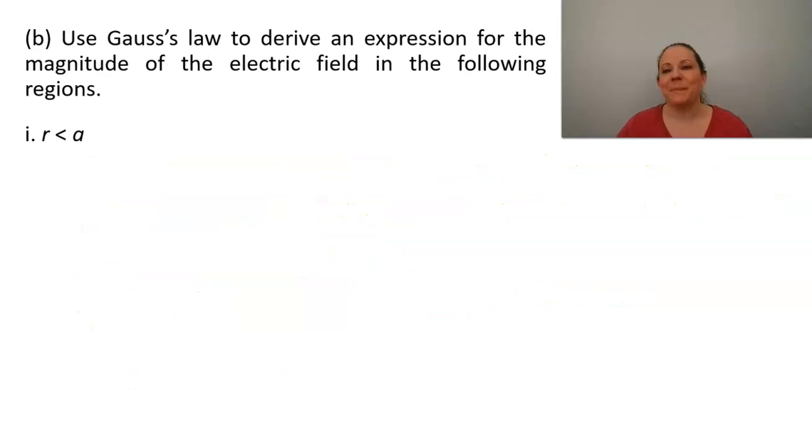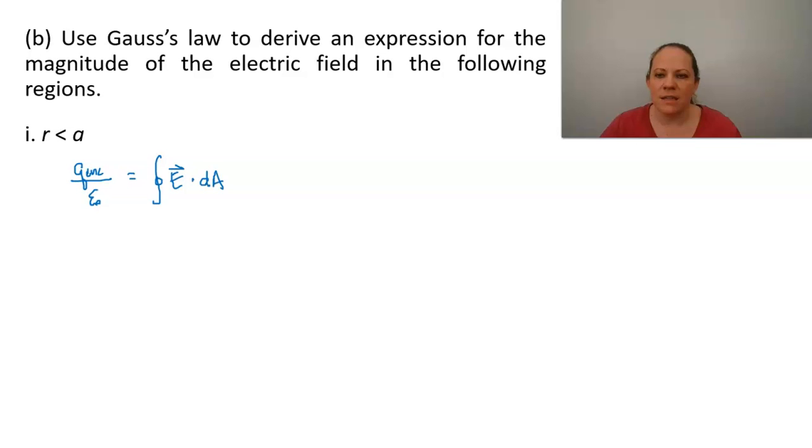Part B, use Gauss's law to derive an expression for the magnitude of the electric field in the following regions. So for r less than a, okay, so we are looking at Q enclosed over epsilon naught is equal to the integral over the closed surface of the electric field dot dA.